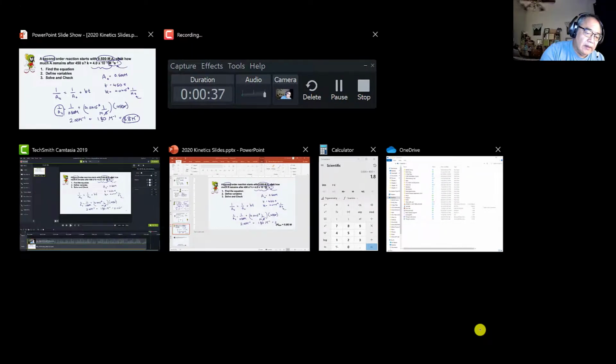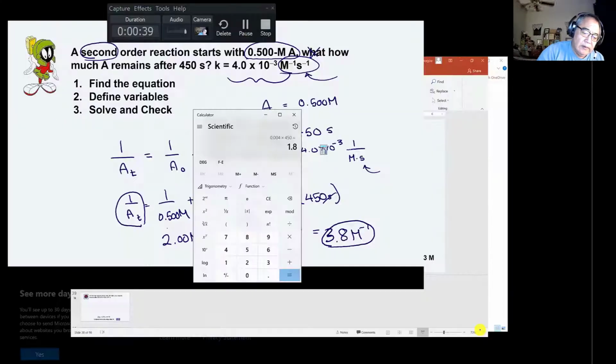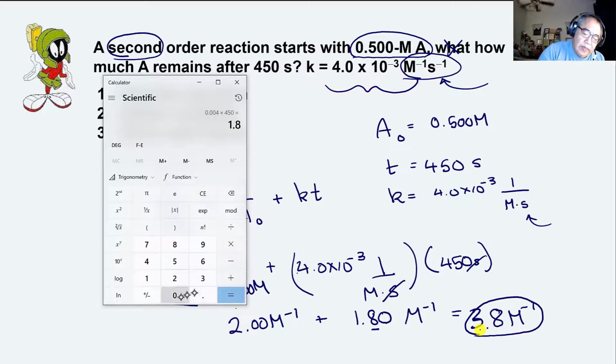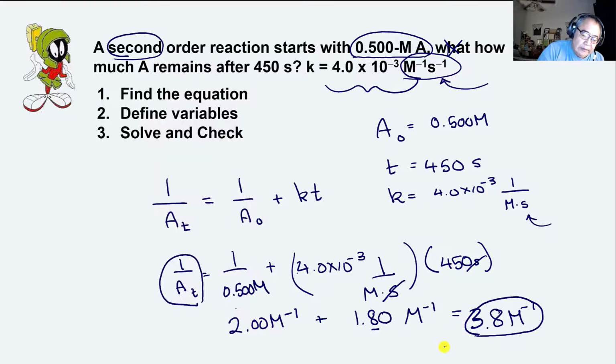I'll pull up my calculator. 3.8, and then I take the inverse of it, and that becomes 0.263. So 0.26 molar. Make sure you don't forget to invert.